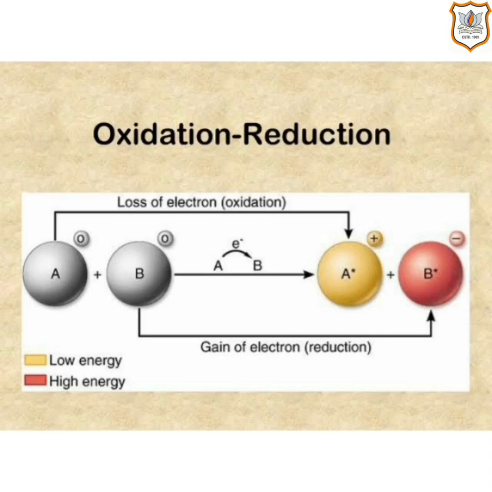Student, in simple terms, oxidation means addition of oxygen and removal of hydrogen, and reduction means addition of hydrogen and removal of oxygen. There are other ways to define oxidation and reduction. Let's see in this table.